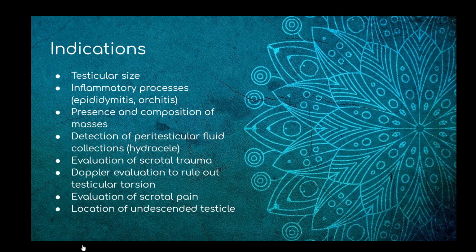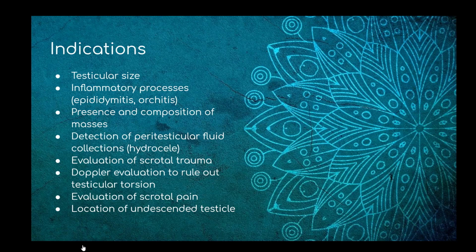So why do we do testicular ultrasounds? I would say the most common reasons that I see are going to be pain, especially acute pain. Acute pain is worrisome for torsion, so we want to make sure we get those patients seen right away. So the first one is acute pain. The second most common thing would be dull pain. I've had this pain for a week or so, I don't know what's going on.